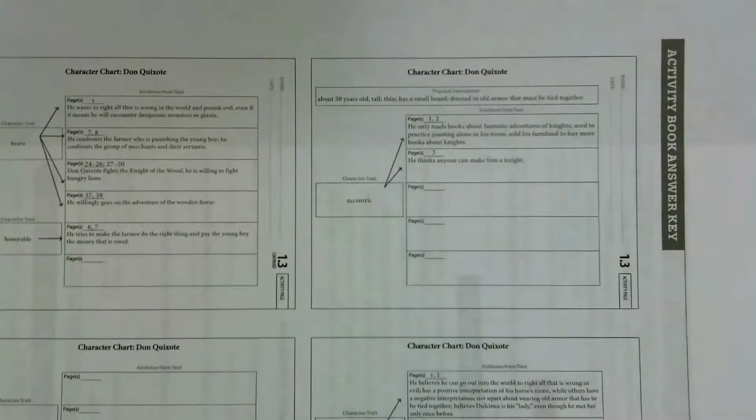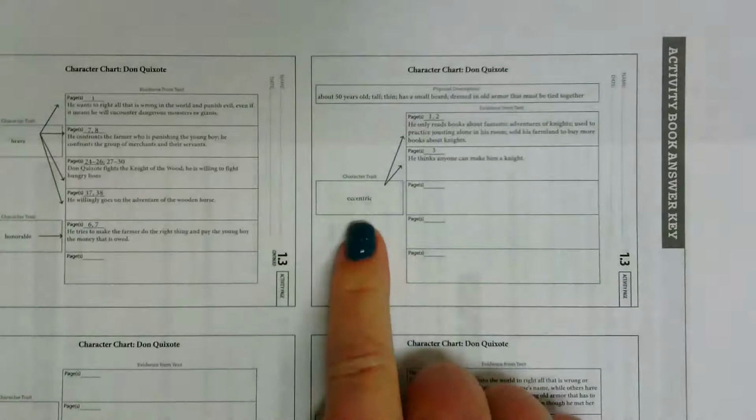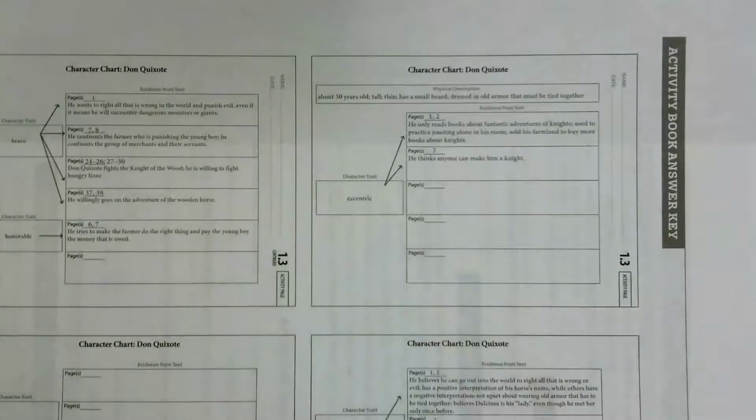Okay, so I have a few here that were provided for us. So again, they gave us that physical description. They told us that he's eccentric. So if I look at pages 1 and 2, and that'll be in the reader that you're going to access through Clever, it tells us he only reads books about fantastic adventures of knights.